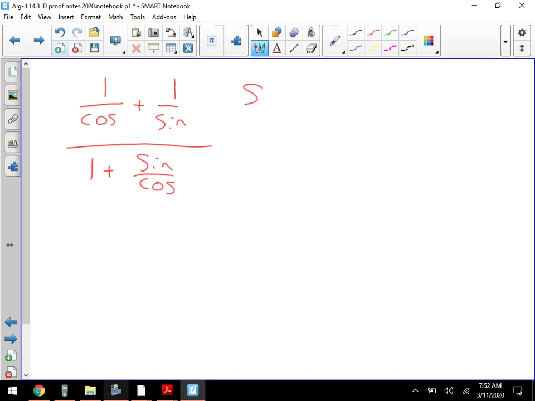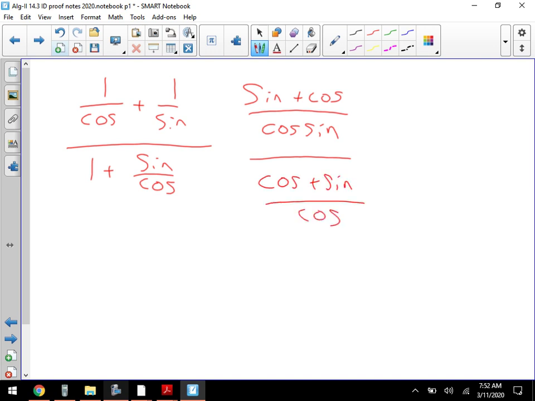You get sine plus cosine over cosine sine over cosine plus sine all over cosine. Take the bottom, flip it up. You have to keep cosecant because then you get 1 over sine.